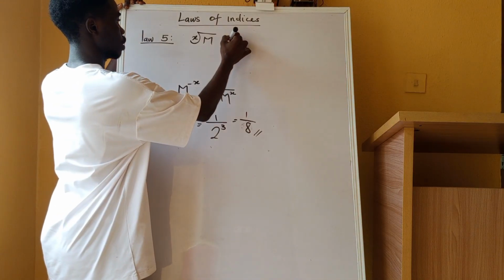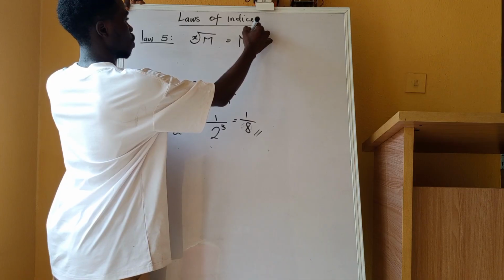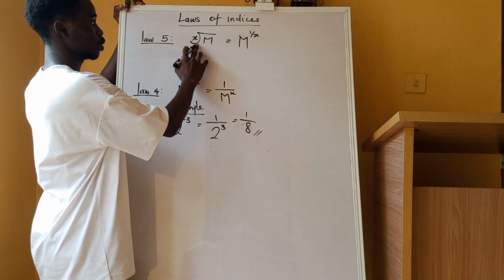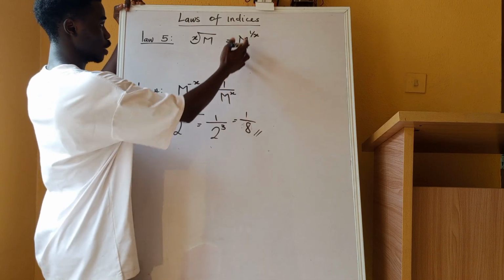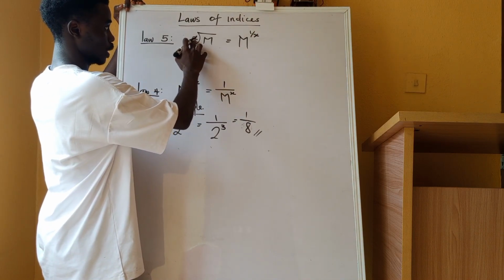This is equivalent to m to the power of 1 over x. So anytime you see the x root of a number, it is equal to that number to the power of 1 over the value of the root that is here.